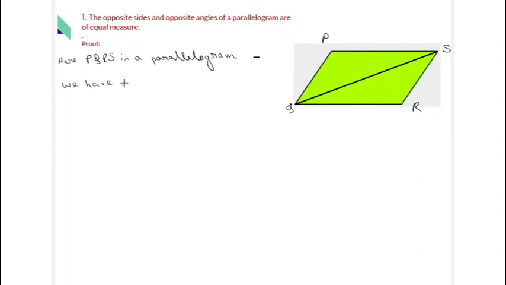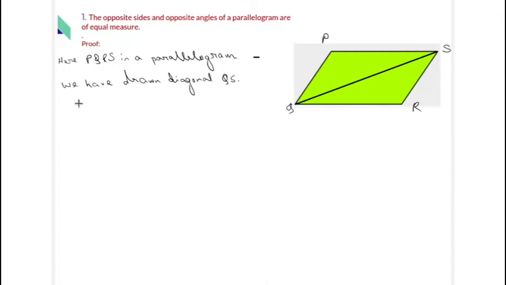So we will write we have drawn diagonal QS. Okay, now this diagonal QS has divided this parallelogram PQRS in 2 parts, that is triangle PQS and triangle QRS.